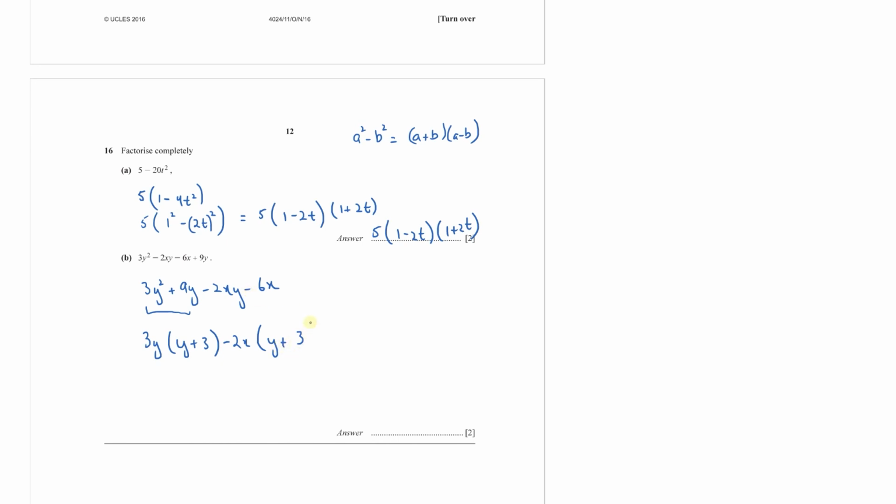So y plus 3. If I open this, I get the same expression. Let me double check. 3y squared minus 2xy and then minus 6x. So yeah, this is correct. So then I can take y plus 3 common as well, because both of these terms are being multiplied by y plus 3. So this becomes y plus 3 into 3y minus 2x. So this will be y plus 3 into 3y minus 2x.